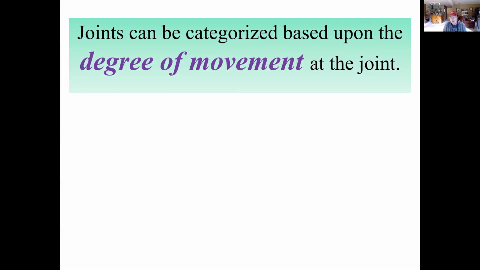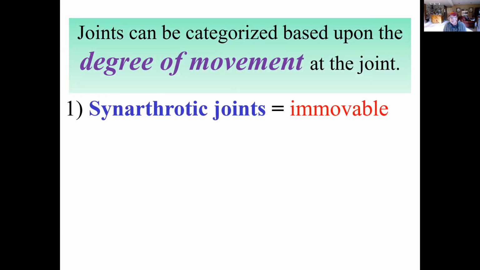Diarthrotic, for example, as I mentioned a moment ago, is a freely movable joint, which again is the one that we're most familiar with. But there are other degrees of movement as well besides freely movable. And here's the first one. A synarthrotic joint refers to an immovable joint. And I'll give you some examples of these in just a few moments.